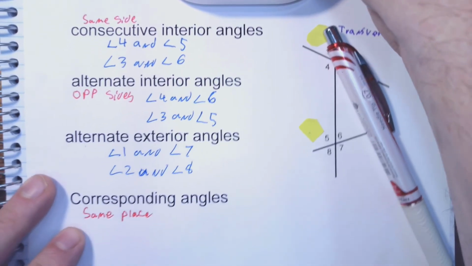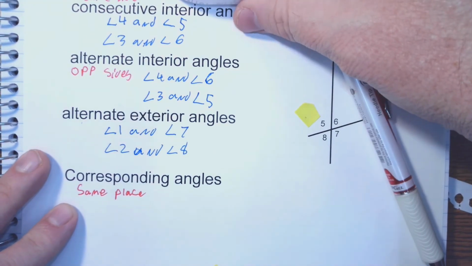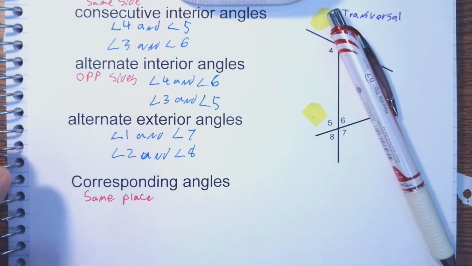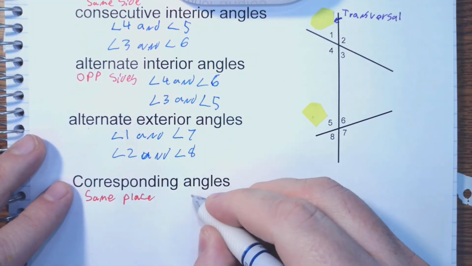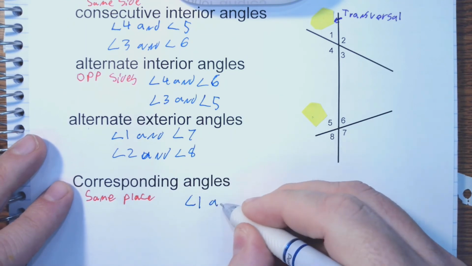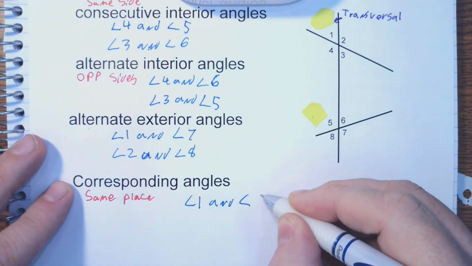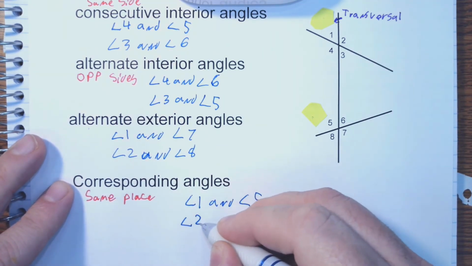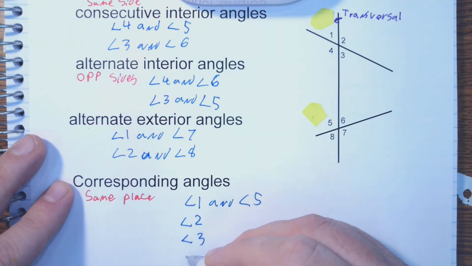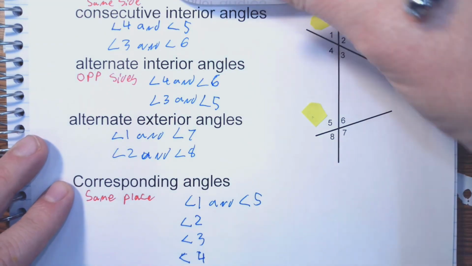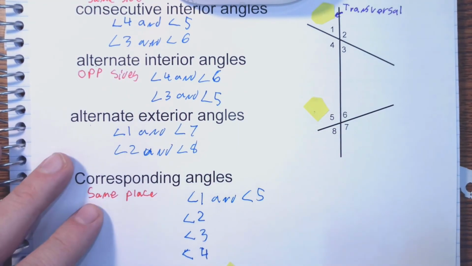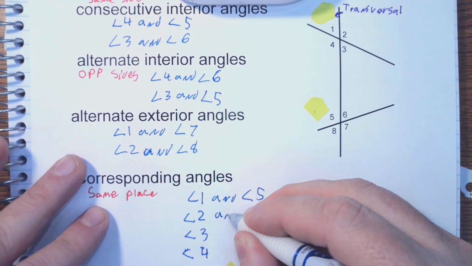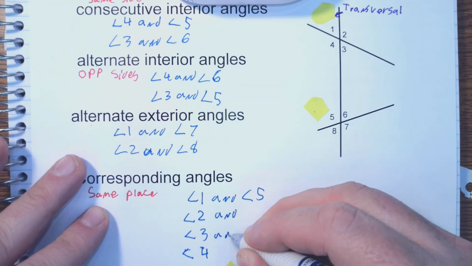So I'm going to see if we have plenty of room to do this stuff. So I'm basically going to say angle 1 goes with angle 5. And then I want you to fill in angle 2, angle 3, and angle 4, and see what that goes with.